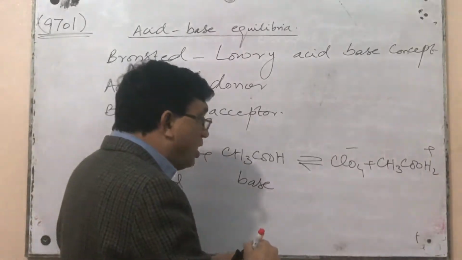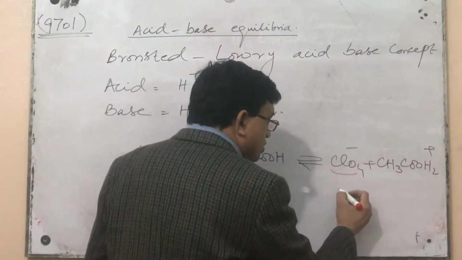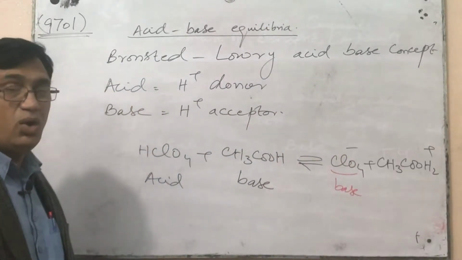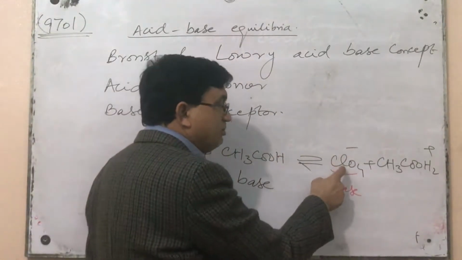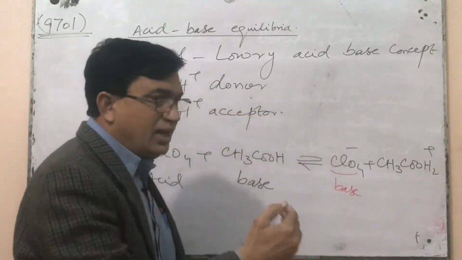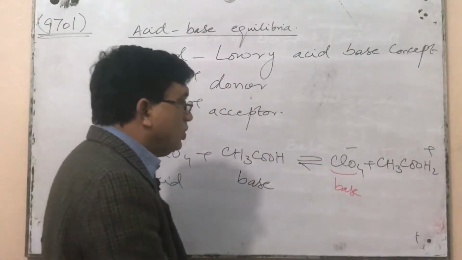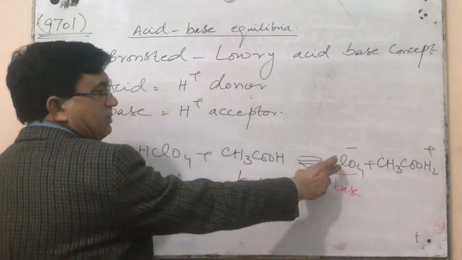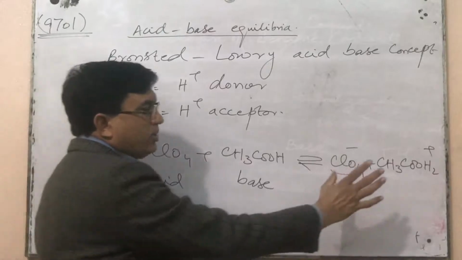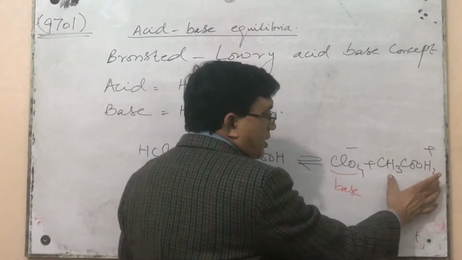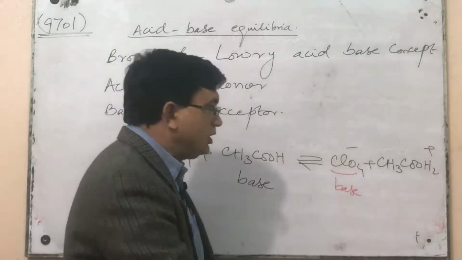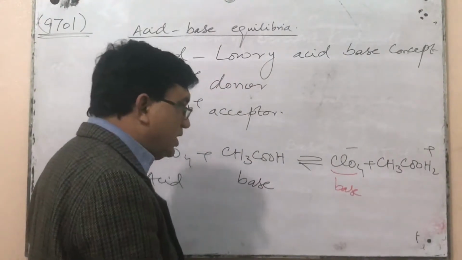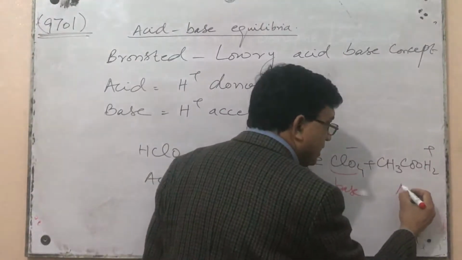It means that now this is changed into a base. A basic character is now present in this because it can accept a proton. So this is transformed into the proton acceptor. And what about this? A property of proton donor is produced in this positively charged species. That's why this will be called an acid.